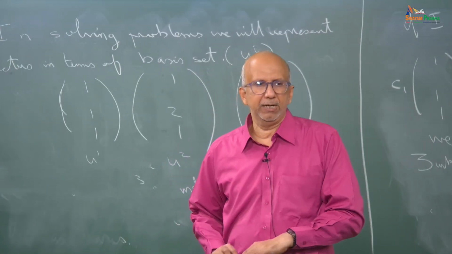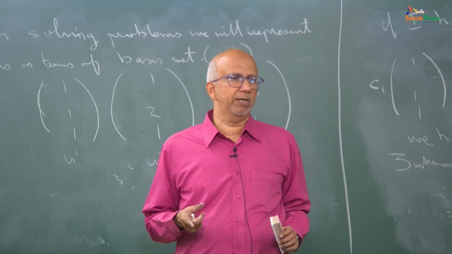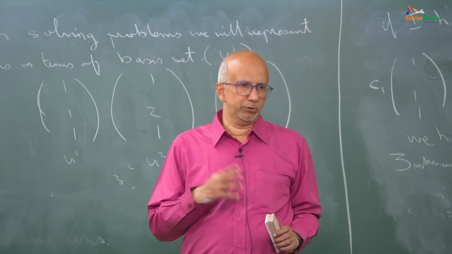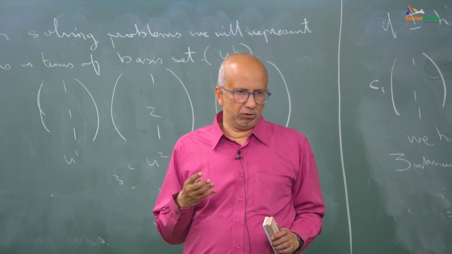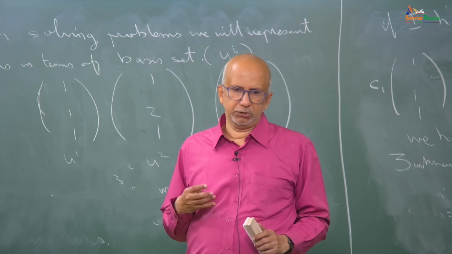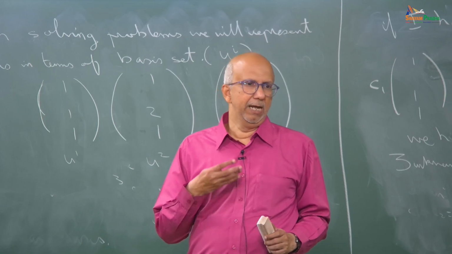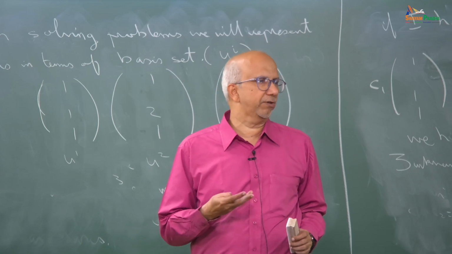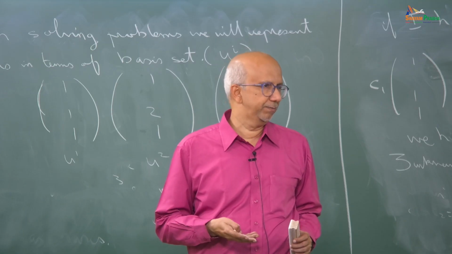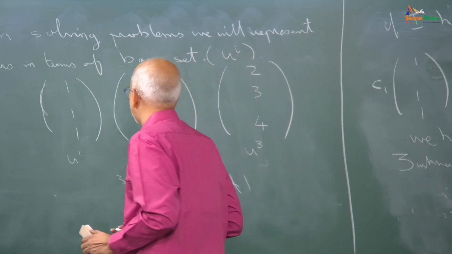But orthogonal is also independent. So, if on top of being independent it is also orthogonal, then there is a more efficient way of calculating these coefficients Ci. That is what I want to show.